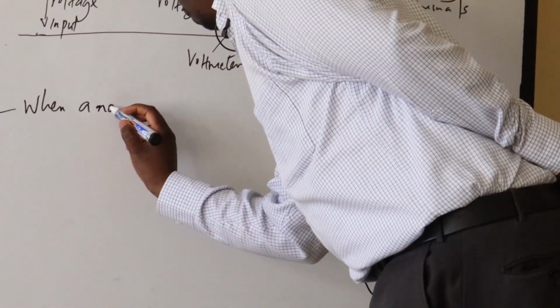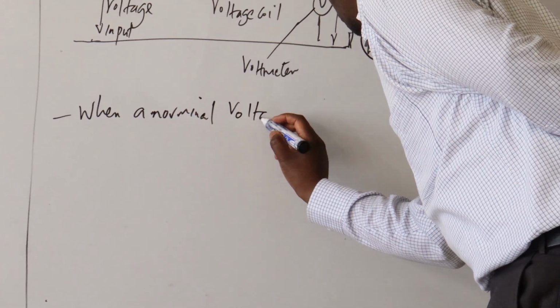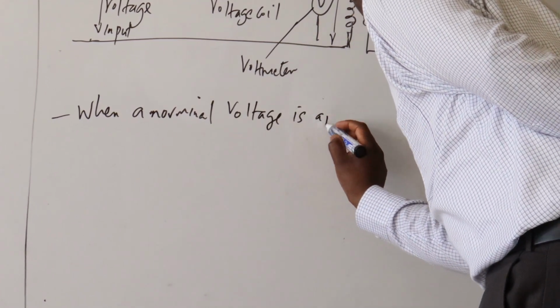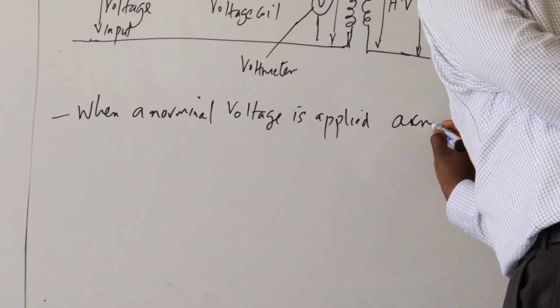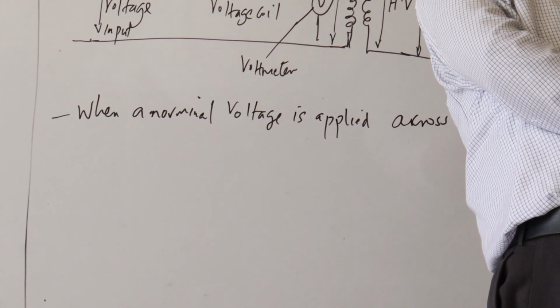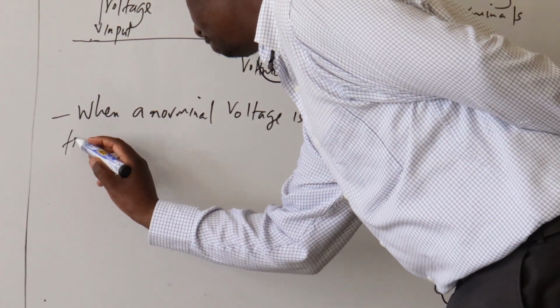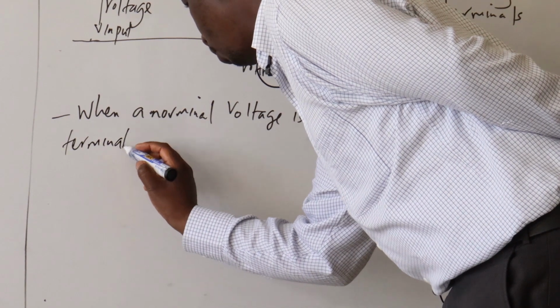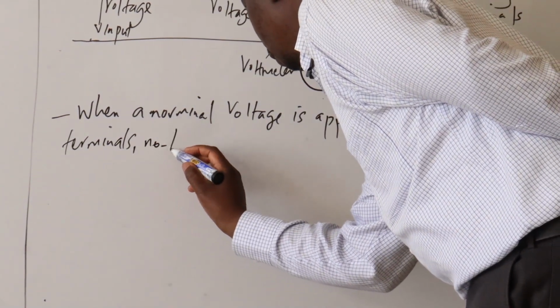When a nominal voltage is applied across the primary terminals, no-load current flows.